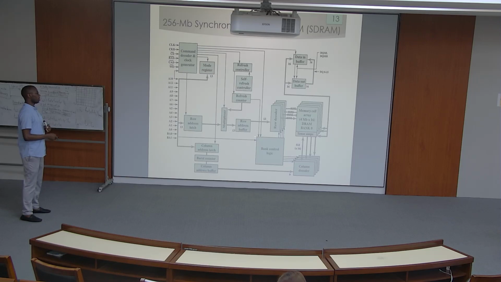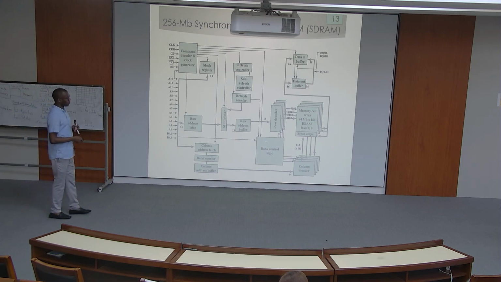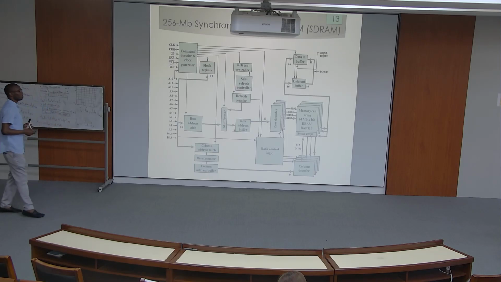Then here we have the bank control logic because the synchronous DRAM has a multi-bank architecture. Then we have the data in buffer and the data out buffer. So this is the memory cell array of the 256 megabyte synchronous DRAM.